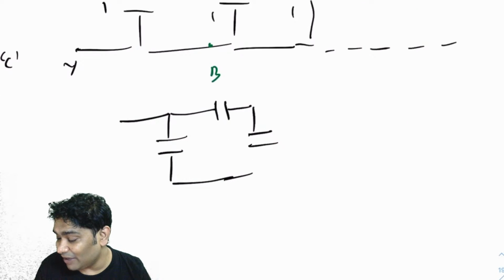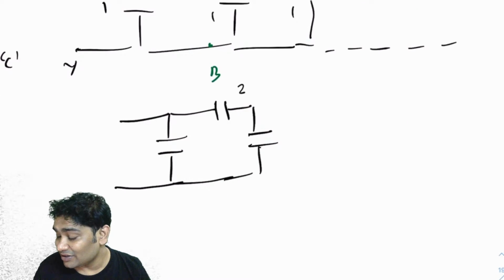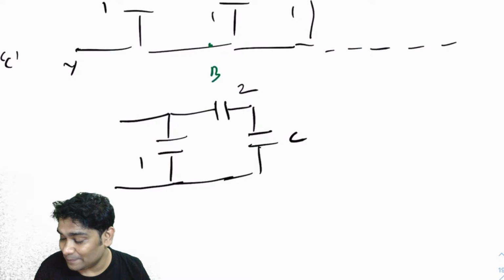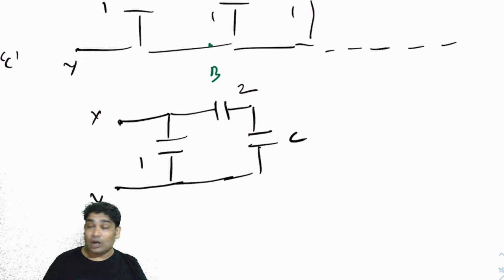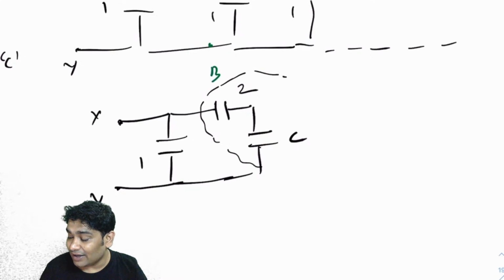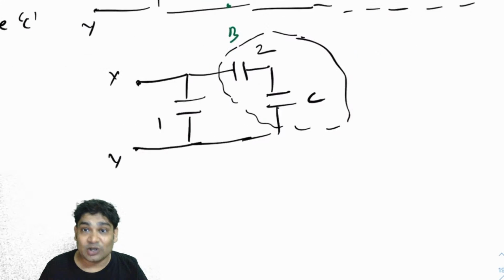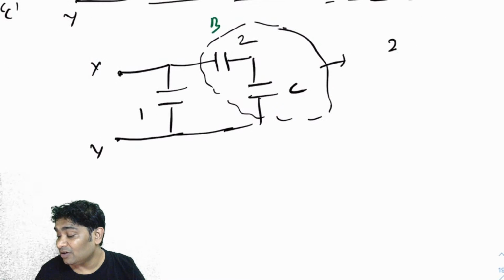So this is what my new circuit would look like. This is 2, this is C, this is 1. Now what is the equivalent of this? Again, these are in parallel, so equivalent of this would be 2C over C plus 2.